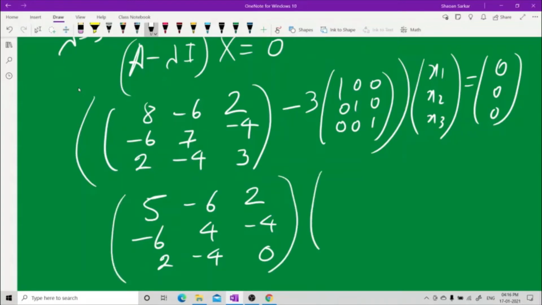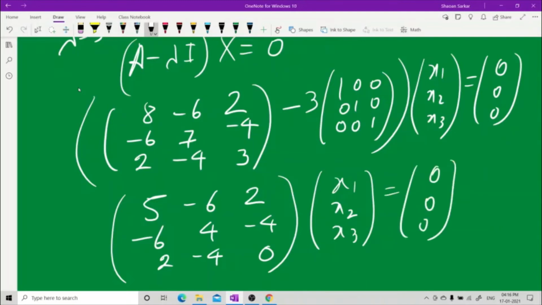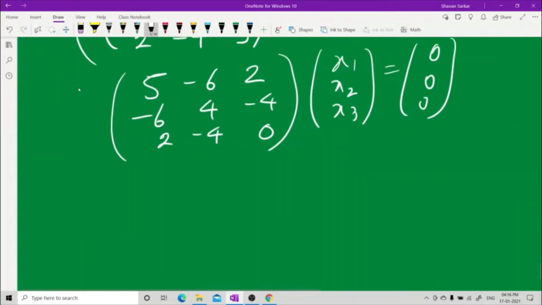Now you can make two equations the way you feel like. Or you can divide this by 2. You want a row operation or a column operation, that's up to you. You want to use that or you want to use method 1 or method 2, that's up to you.